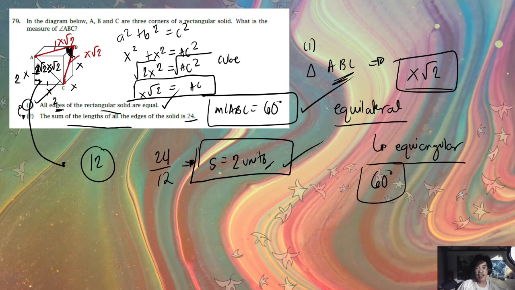But that would be implying too much. Maybe we could also conclude that since this is a 2 square root of 2 by 2 square root of 2 by 2 square root of 2 triangle, all of its angle measurements would be 60 degrees.